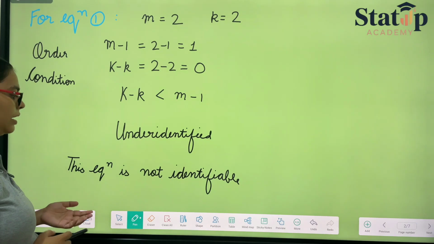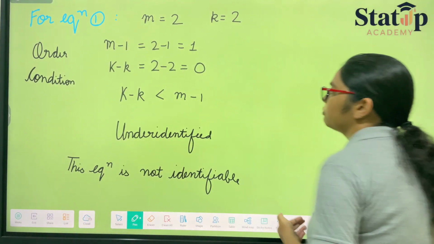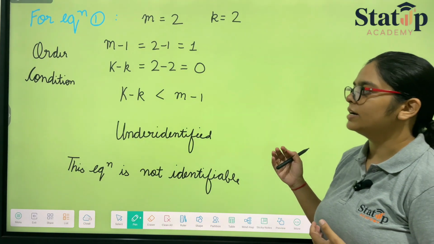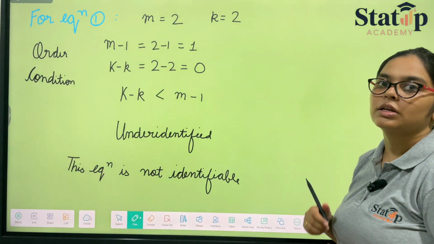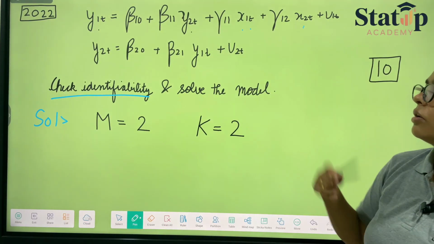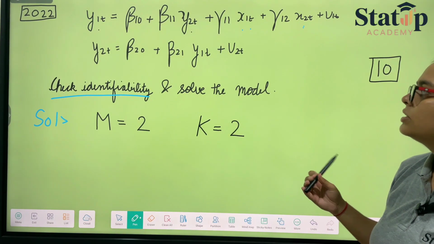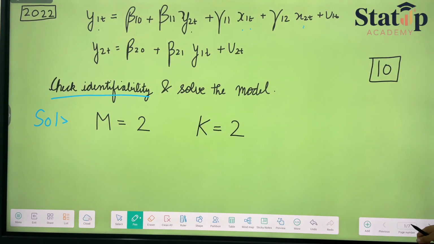But since it is under identified, this equation is not identifiable. From this equation alone we know that our model is not identified. But since they have told us in the question to check identifiability for every equation, we will check the second equation as well.